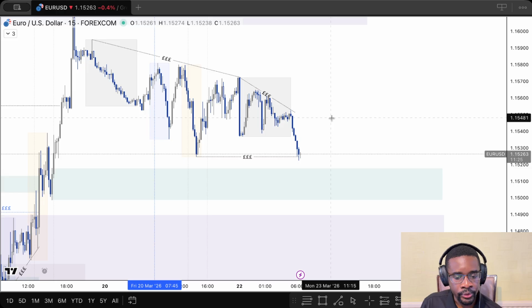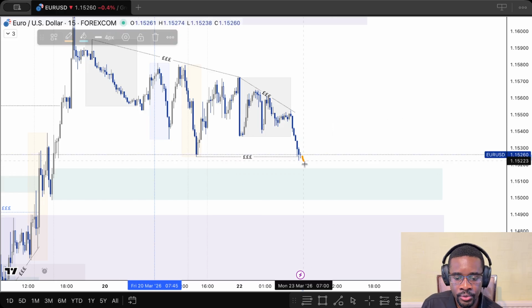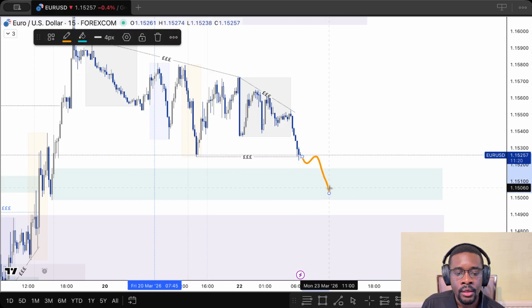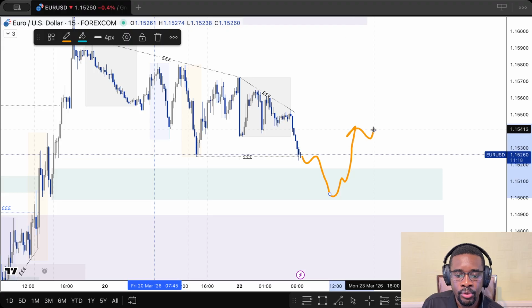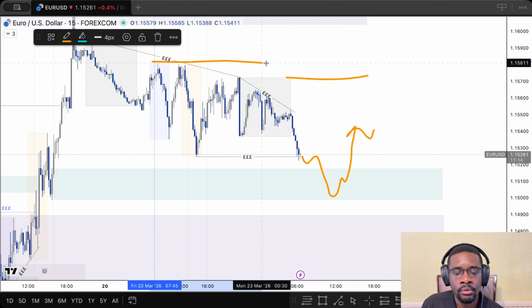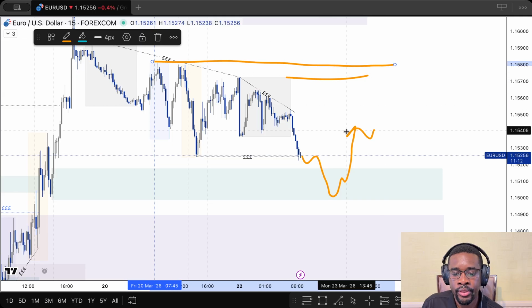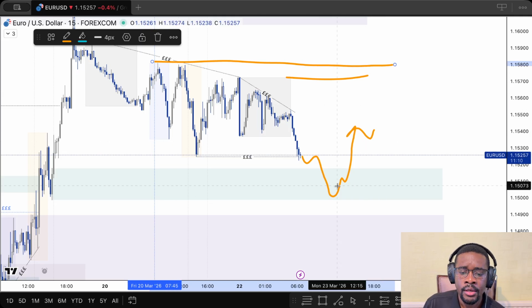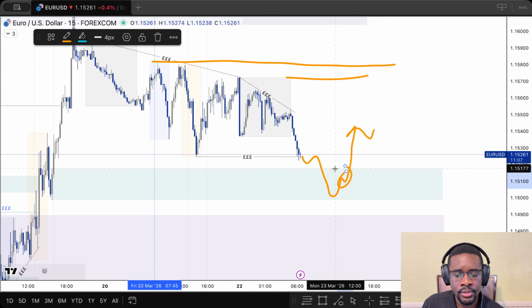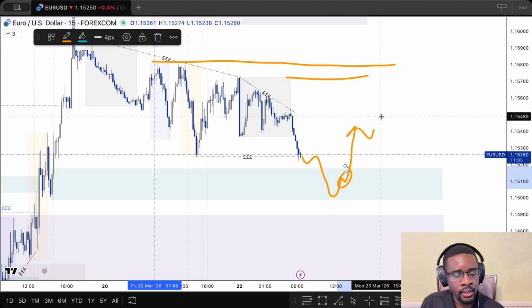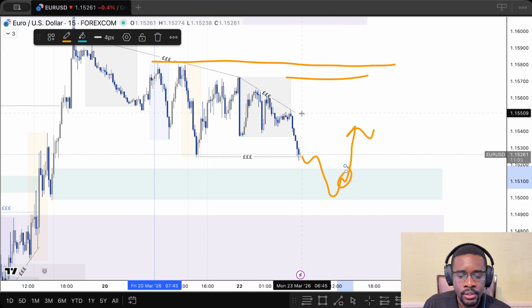So what I may be looking at would be maybe for price to come in and mitigate this area, and then we'll be looking for longs, possibly to target Asia high, okay, or even all of these highs up there. All right, so if we get lower time frame confirmations on the 5 minute, on the 1 minute, then be looking for longs like that.